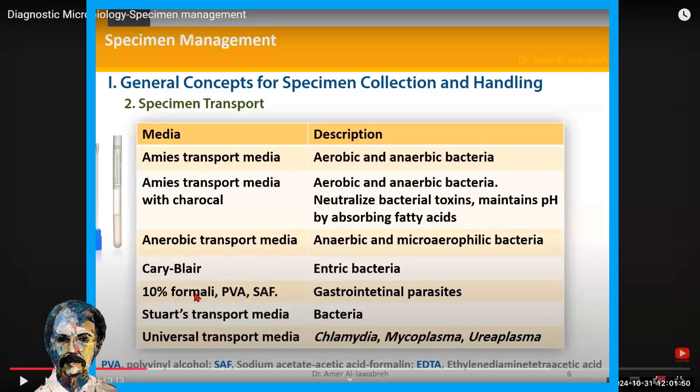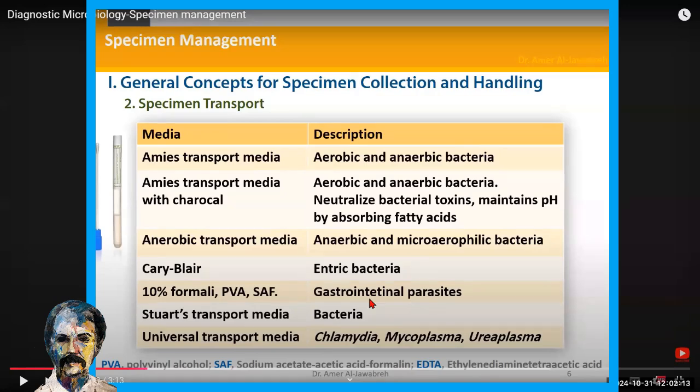So this is not one, this is 1, 2, 3, and maybe others also, for gastrointestinal parasites. In our first or second lab in parasitology, we will teach you how to prepare these preservatives: 10% formalin, PVA, SAF, there is MIF also, and many others.